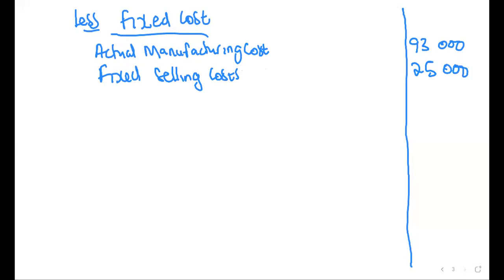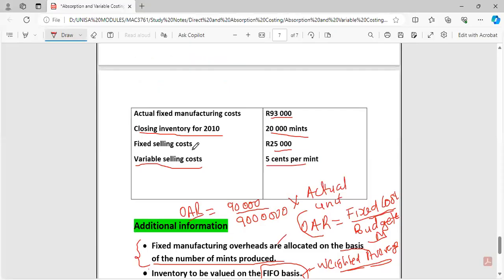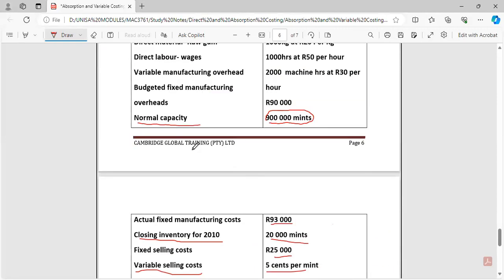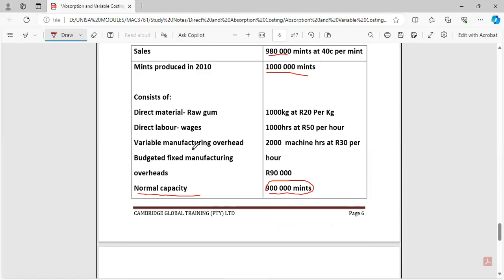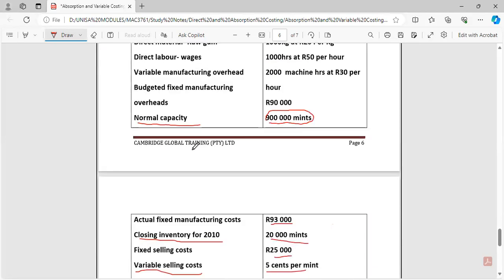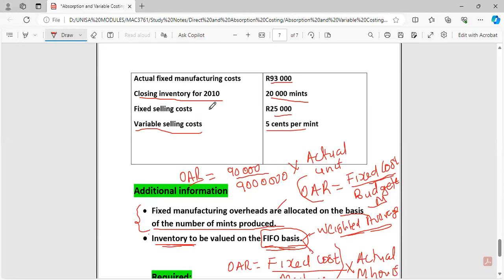Let's check if we have any other figure there. That is going to constitute fixed cost. Do we have any other figure? There's nothing here, which means we are done with the fixed cost.